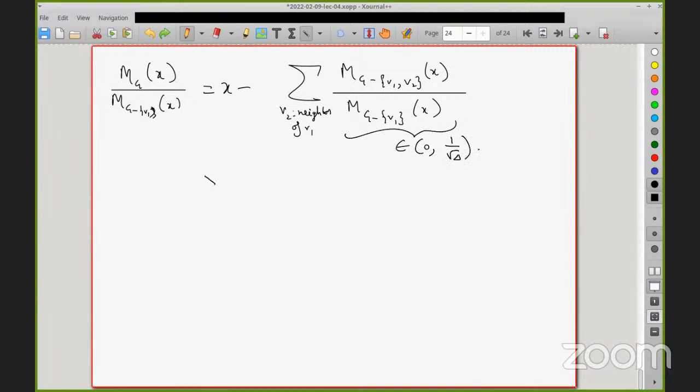So this whole thing is bigger than x minus delta times 1 over root delta.